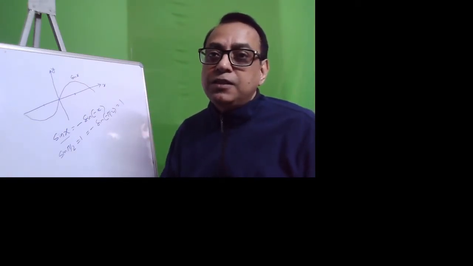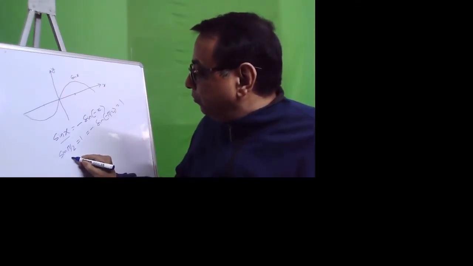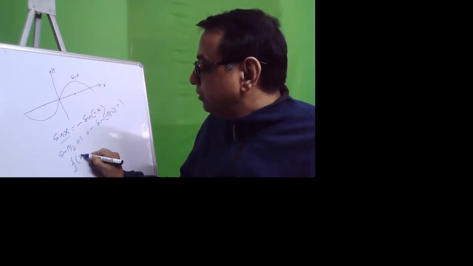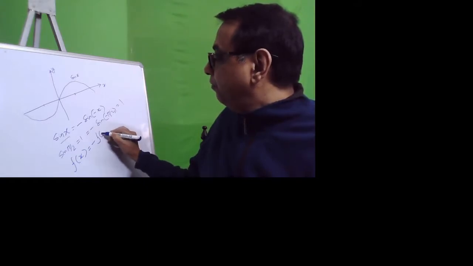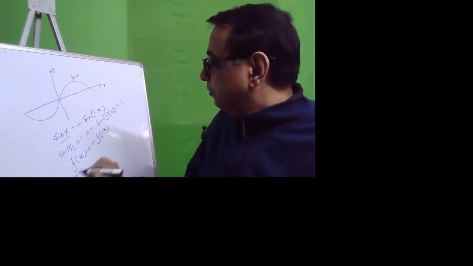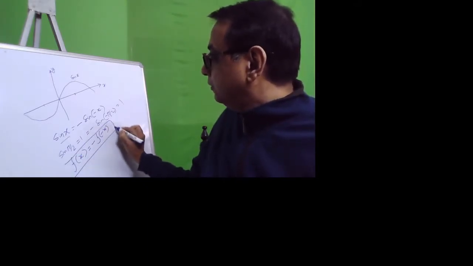So this is an odd function. We know for an odd function f(x) is equal to minus f of minus x. So this is an odd function.